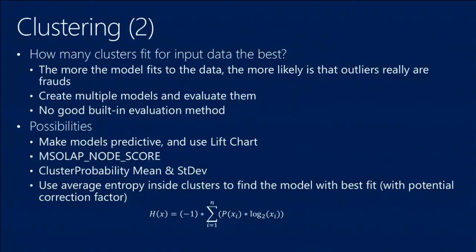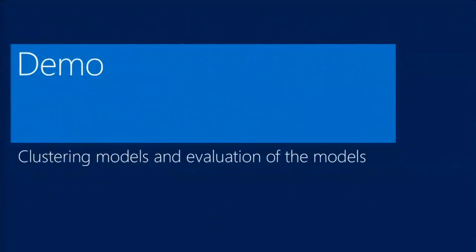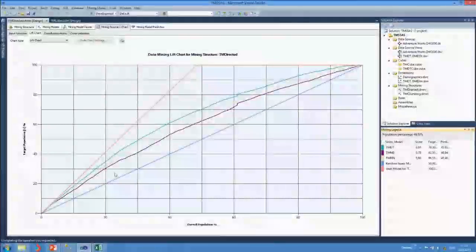And you can measure homogeneity inside clusters with entropy from information theory. So you can calculate entropy inside clusters, average entropy over all clusters, and then compare this average between multiple models. And you see which model gives you the most homogeneous clusters. So it's not really simple.